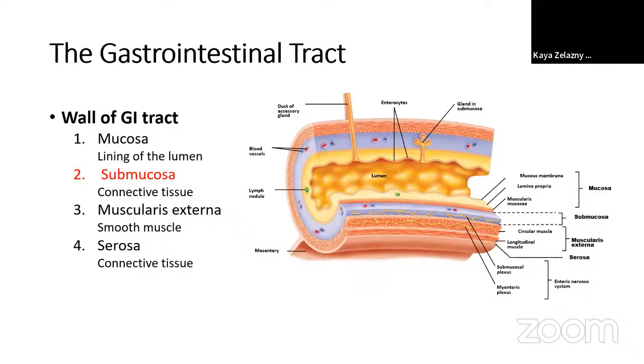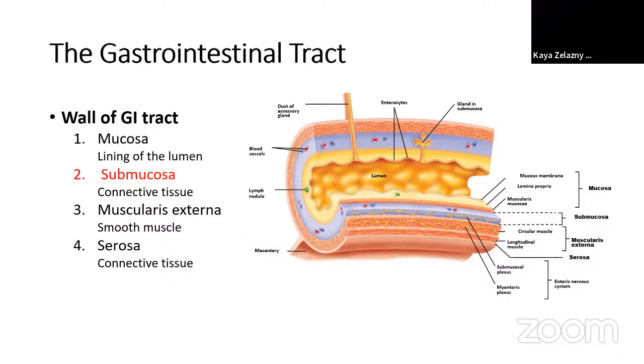First, we're going to look at just the basic layers of our GI tract, so what we have in the walls. Up until now, we've talked about a lot of tubes that have really thin walls, where we basically have an epithelial layer and an endothelial layer that we're interested in. But when we're thinking about the gut, we're going to have more that we need to do here.